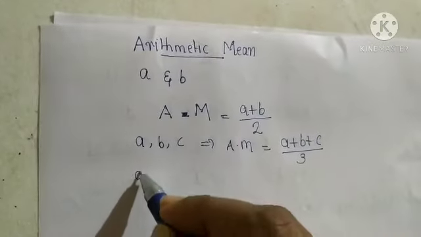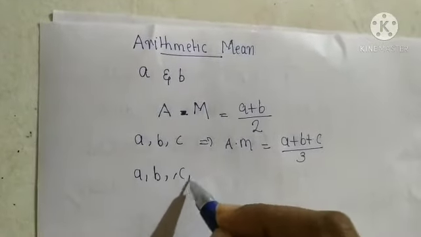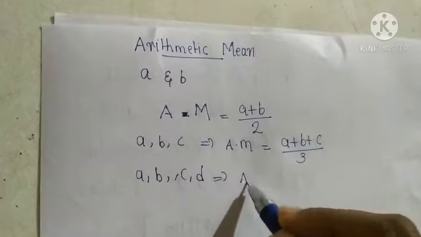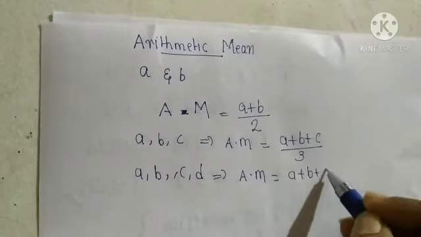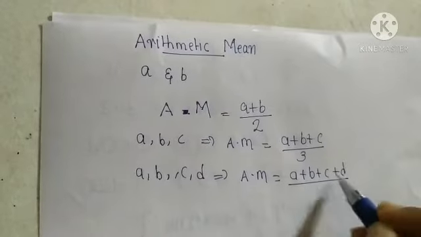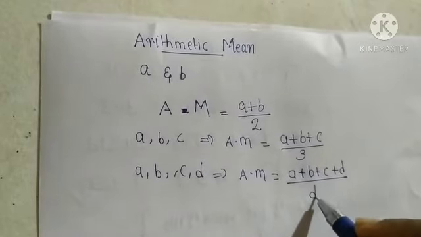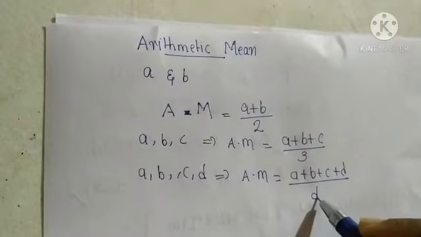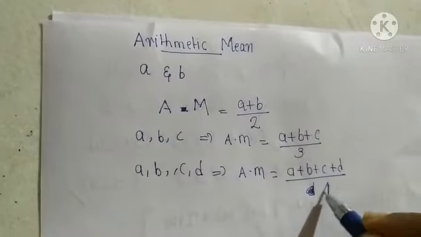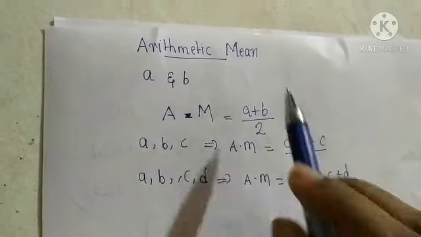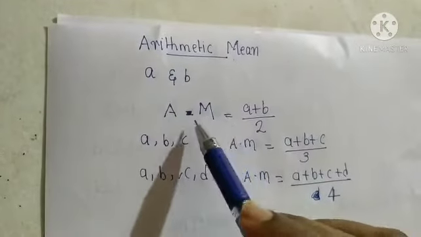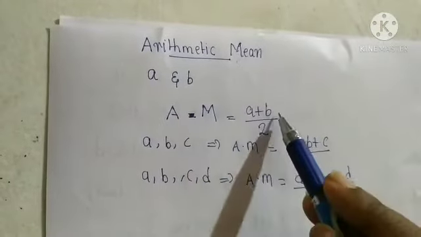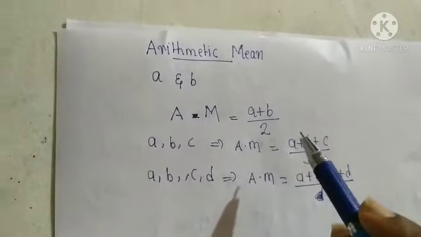If I take four numbers, the arithmetic mean will be (A plus B plus C plus D) divided by 4. So the arithmetic mean between two numbers A and B is AM equal to (A plus B) by 2.